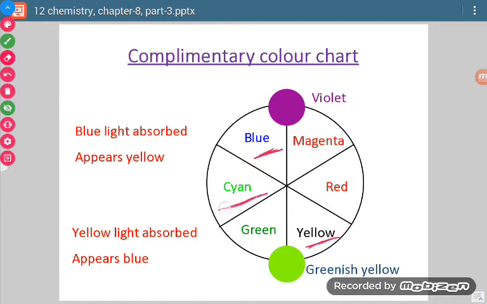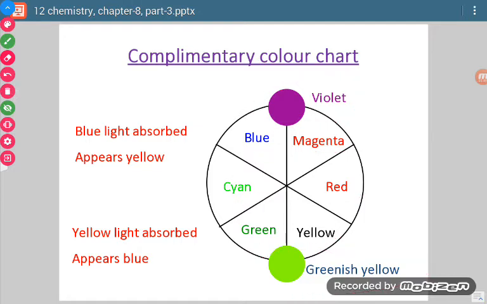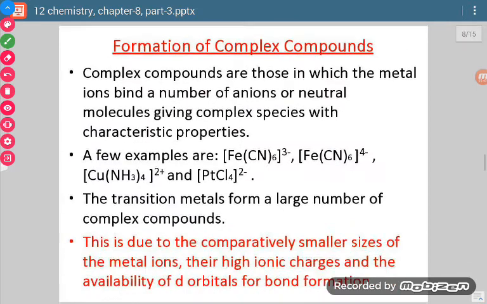If cyan is absorbed, it will appear red. If magenta is absorbed, it will look green. If violet is absorbed, it will look greenish yellow. If we remember this chart, it will be quite helpful to know how a substance will look if a particular light is absorbed by it.